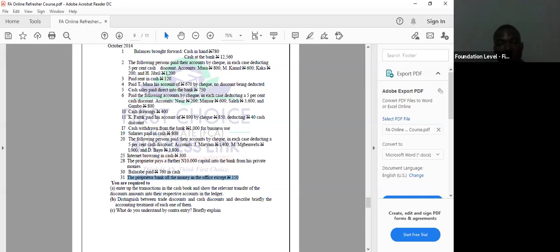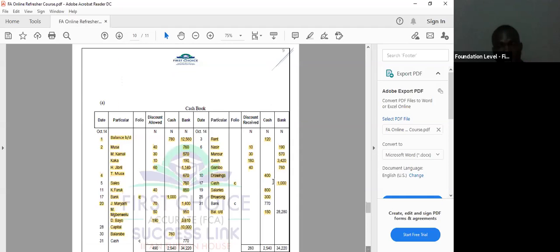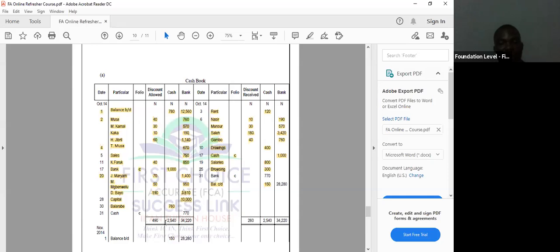So it means that we need to work backward. What we just need to do is to find our balance carried down, and they have given us our balance carried down to be 150. So now we say 2,540 minus 1,770, and that will give us 770.